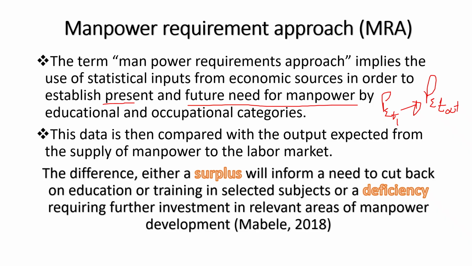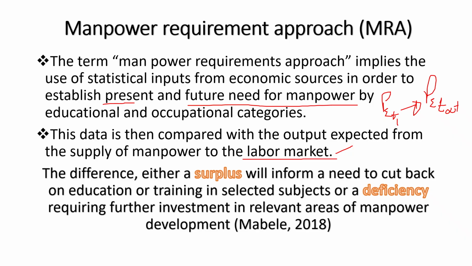It's very important, and therefore data is everything. It is everything, and that's why data is then compared with the output expected from the supply of manpower to the labor market.